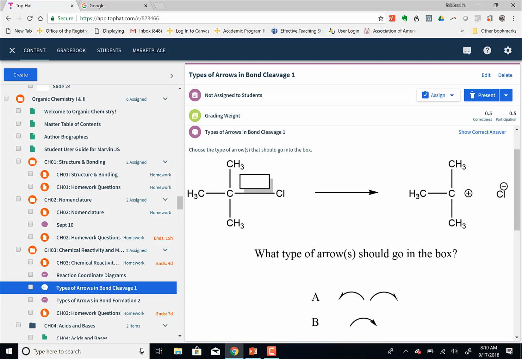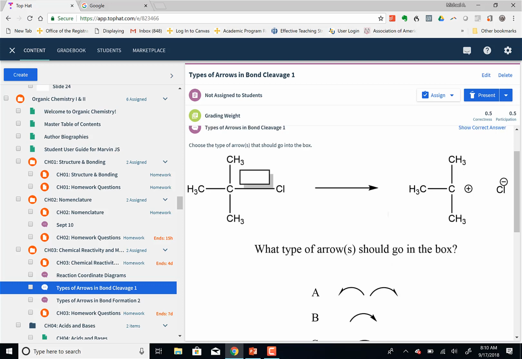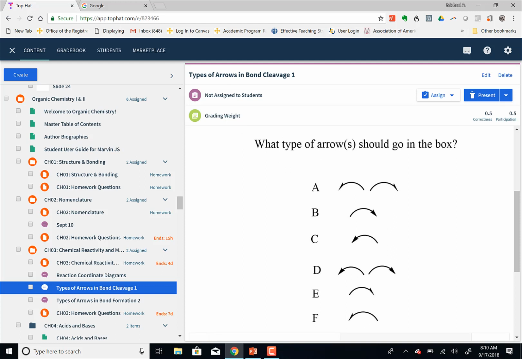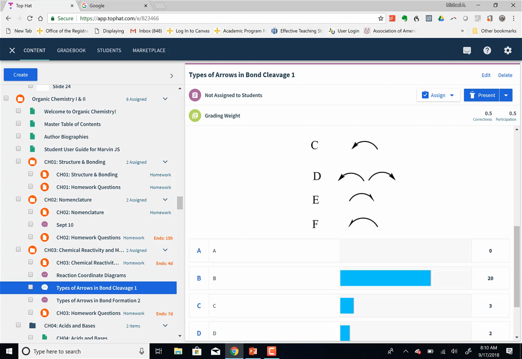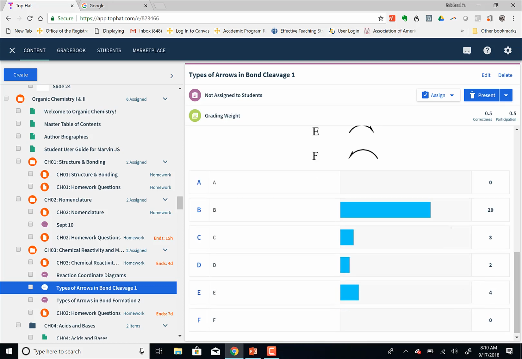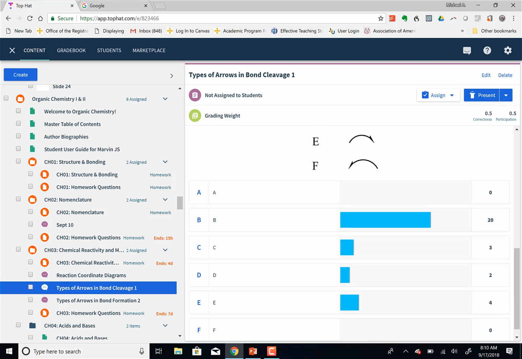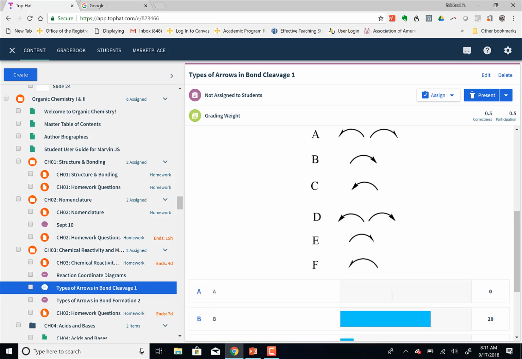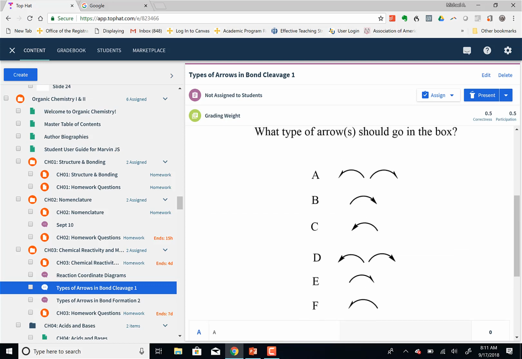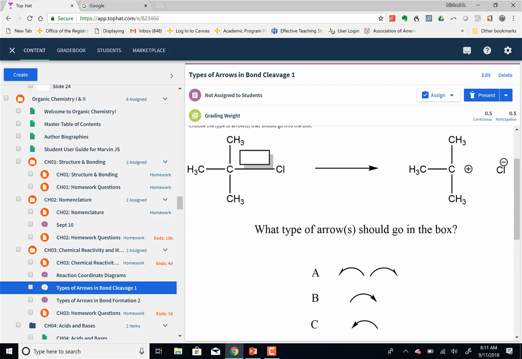Would we have used to cleave the carbon-chlorine bond? So would we have used A, B, C, D, E, or F? Well, let's see. There's our scores. So most people said B. Then we've got a variety of answers of C, D, and E. Is B correct?